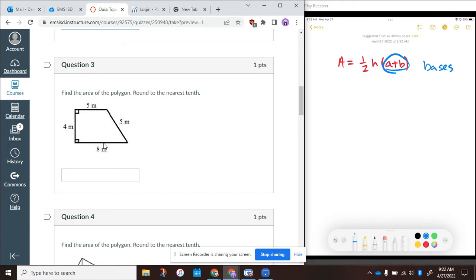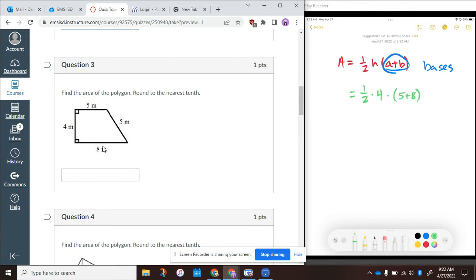So when we plug everything into this formula, it becomes 1/2 times the height. Remember that your base and height are always perpendicular, so it's going to be this 4 right here. And then in these parentheses, what we're adding together is going to be 5 plus 8, which is 13.